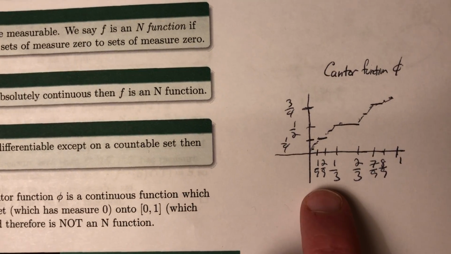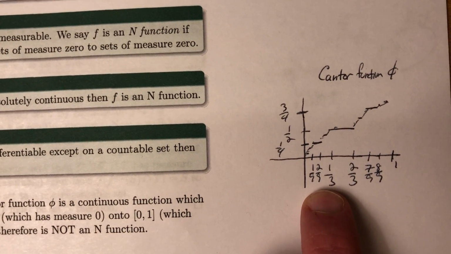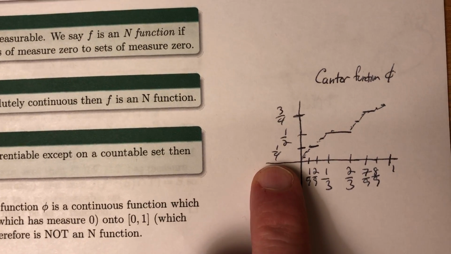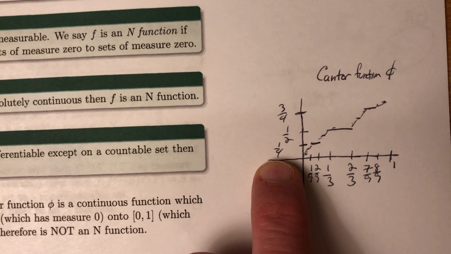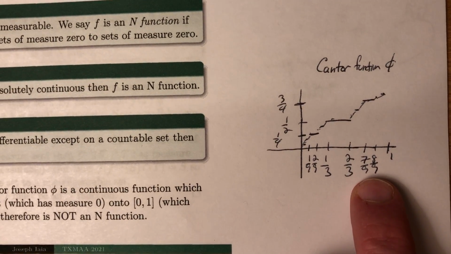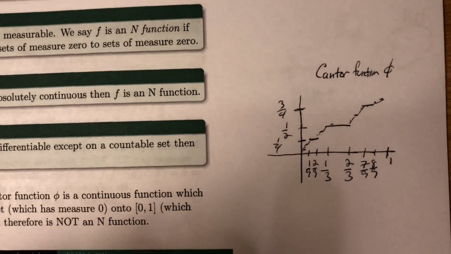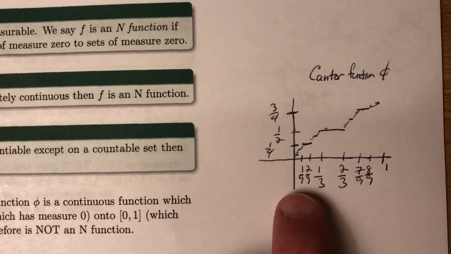Then you go over to the interval 1/9 to 2/9, and on that whole interval, you define the function to be 1/4. Similarly, on 7/9 to 8/9, you define the function to be 3/4. You continue this process.